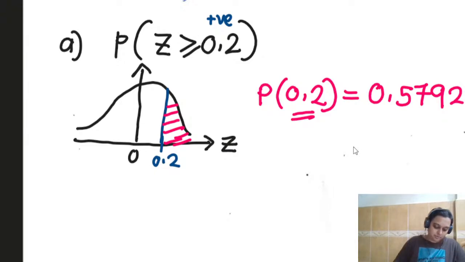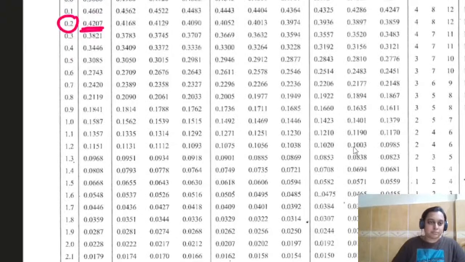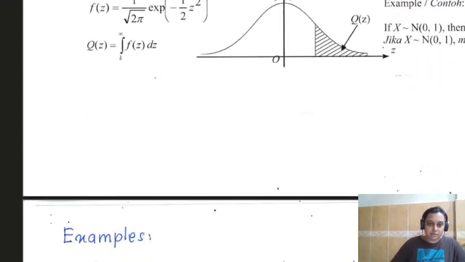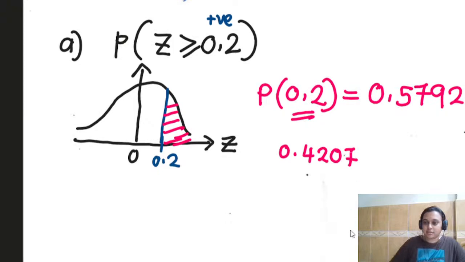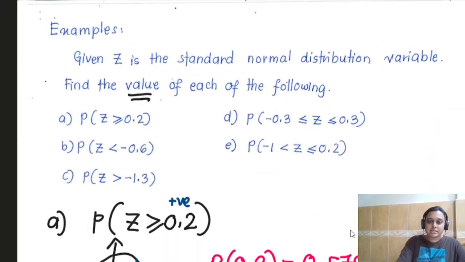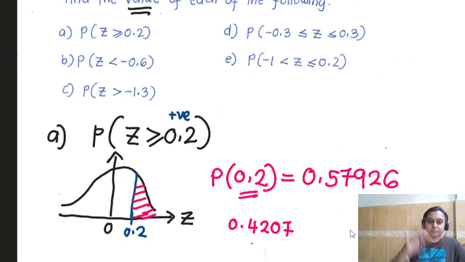What we need to do with this is, teacher writes down here first. What was it just now? Go back up. 0.4207. I write it down. 0.4207, right? The one we saw. Since it is bigger than and equal to 0.2, actually, wait, hold on.